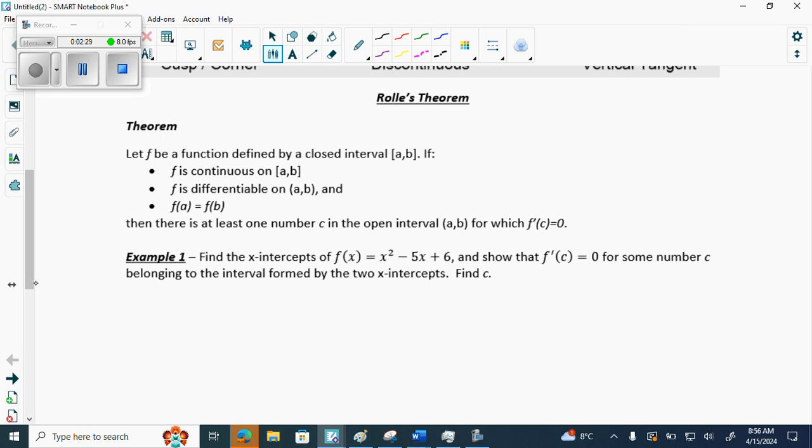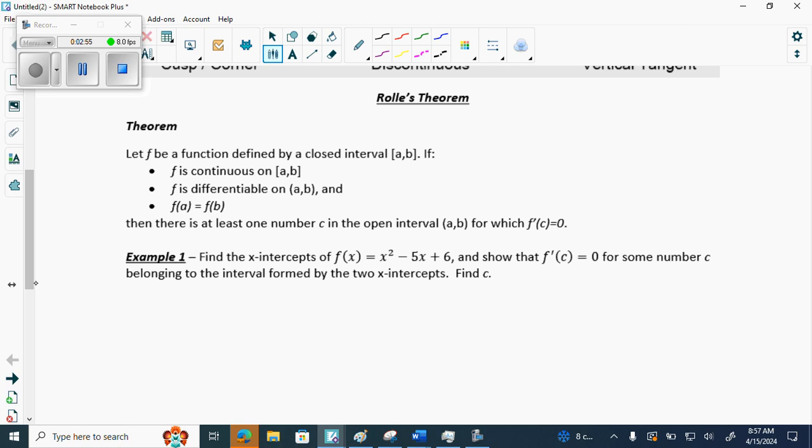Same thing here. Rolle's theorem has three things happening. The graph has to be continuous from A to B. Does it say the graph has to be continuous everywhere? No. So could you do Rolle's theorem for pieces of a graph? Yes. So it has to be continuous in that closed interval. Okay? It also has to be differentiable in the open interval, so between A and B. We don't look at the endpoint because differentiability will die on an endpoint, right?